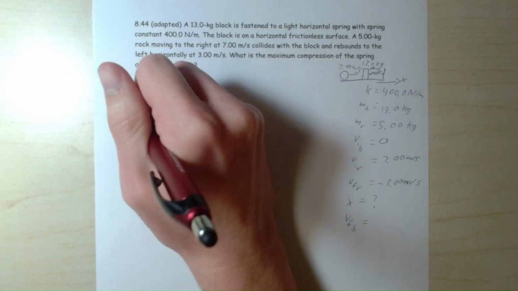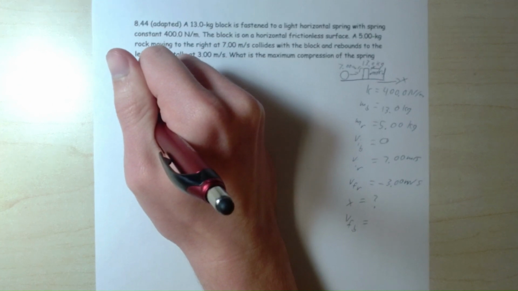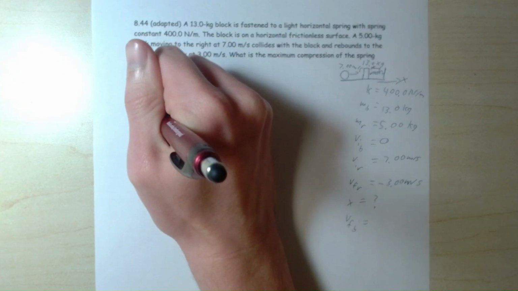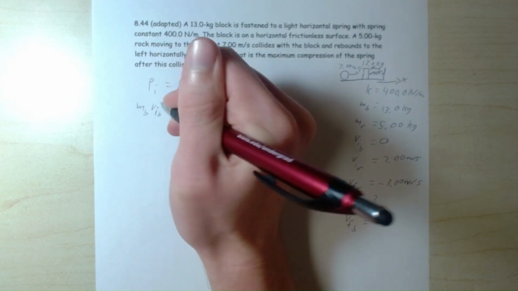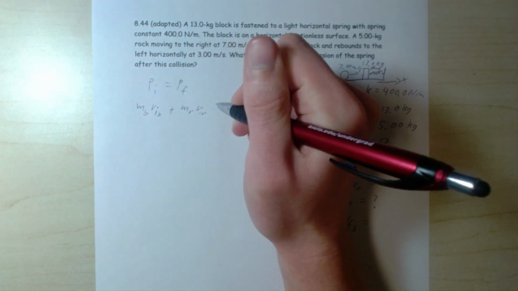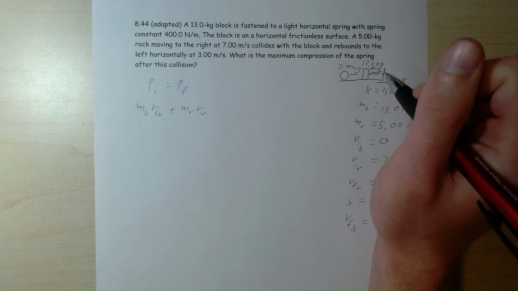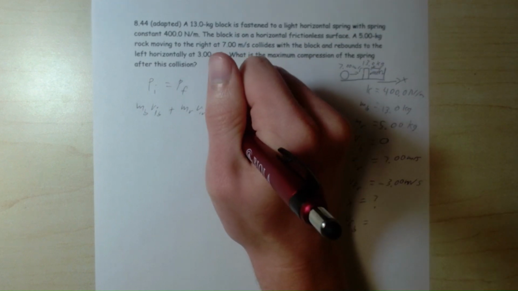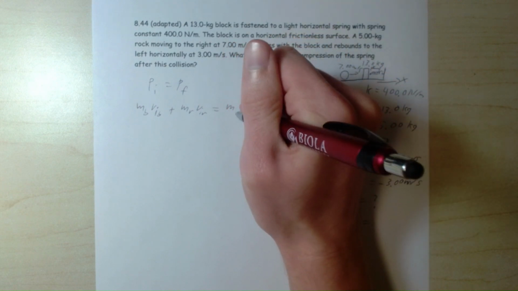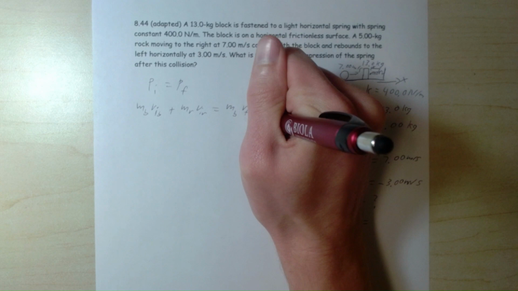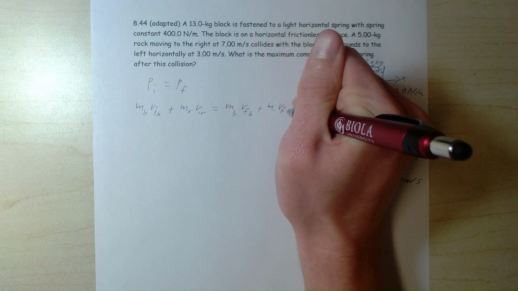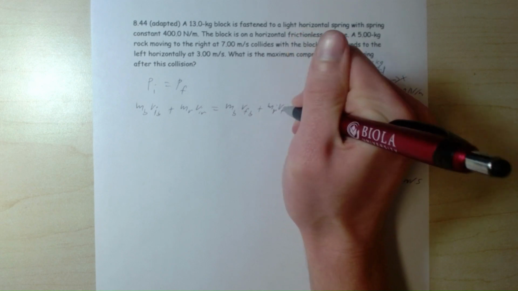So we have MB VIB of the block plus MR VIR, the initial momentum of the rock, equals the final momentum of these two objects, so MB VFB plus MR VFR.